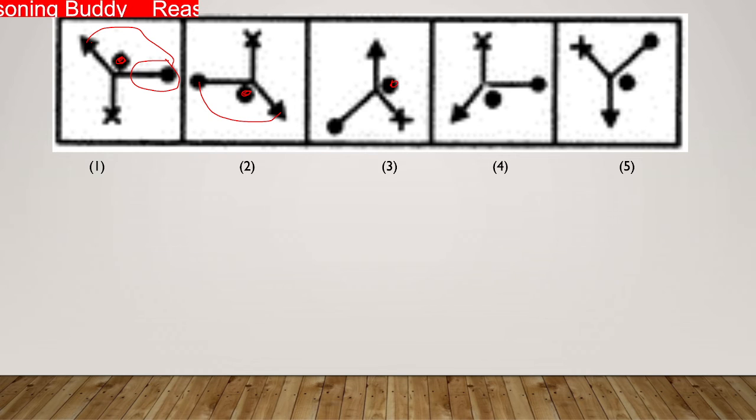This dot is between arrow and multiplication symbol, meaning cross. So this is the odd man out. In figure 4 also this dot is between arrow and lollipop. In figure 5 also this dot is between arrow and lollipop. Only in figure 3 it is between arrow and a cross mark. So figure 3 is wrong.